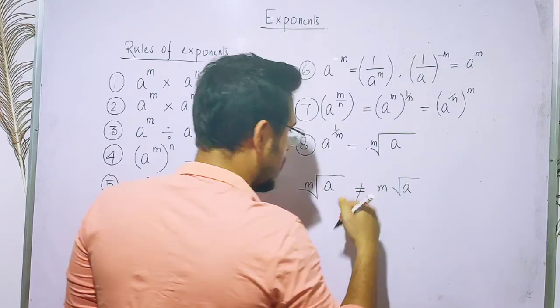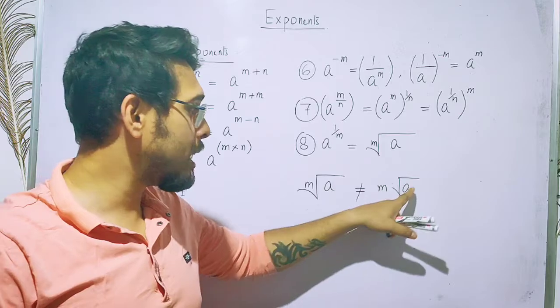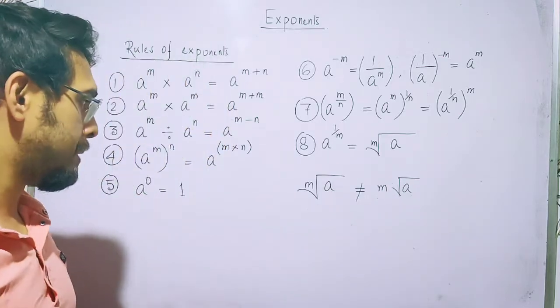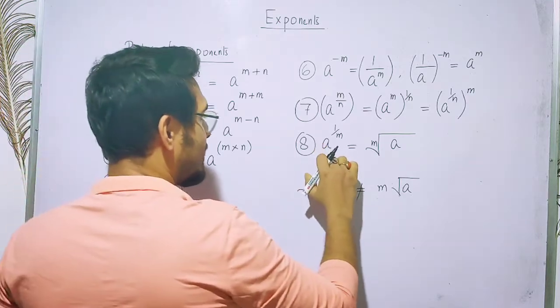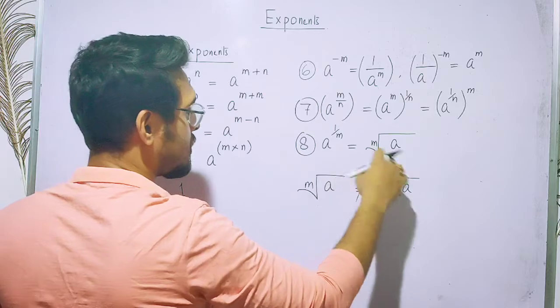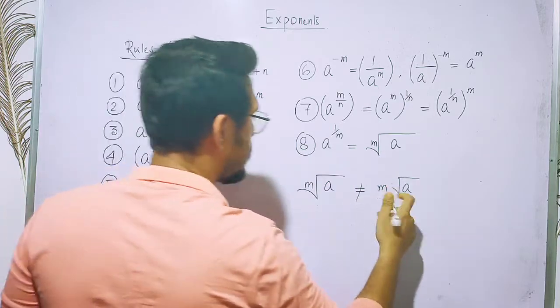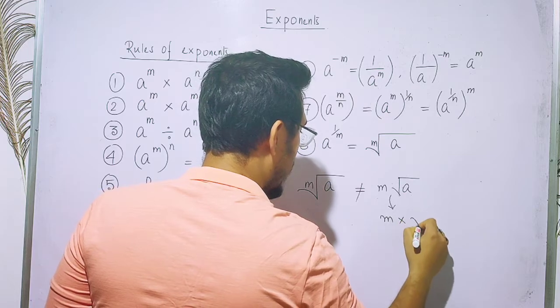Both are not the same. Mth root of a is different, m root of a is different. So these are very different terms. This one means m into square root of a.